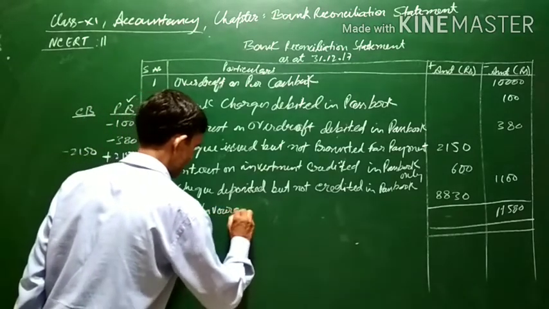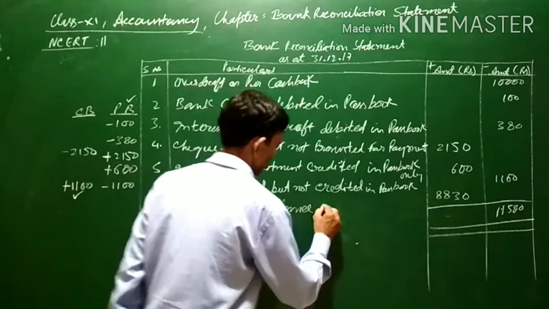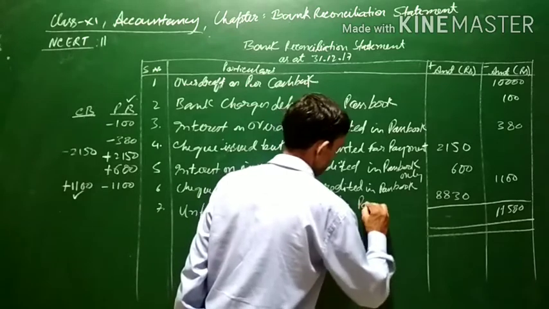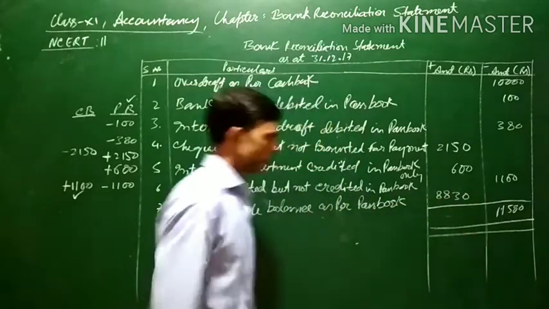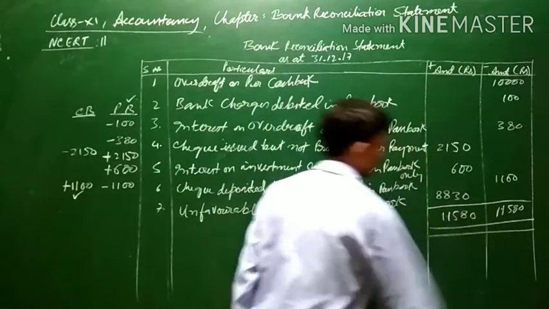This is unfavorable balance as per passbook. Total here also will be getting 11580.